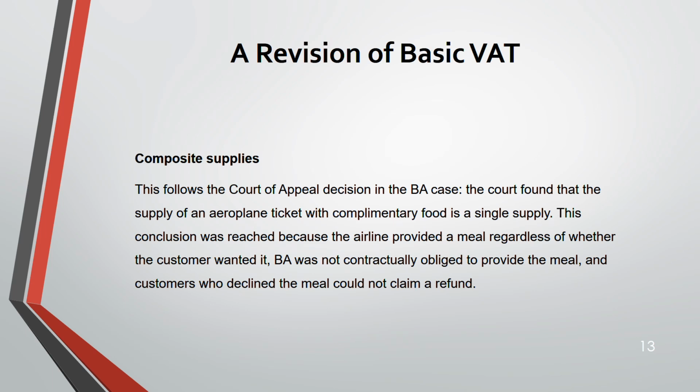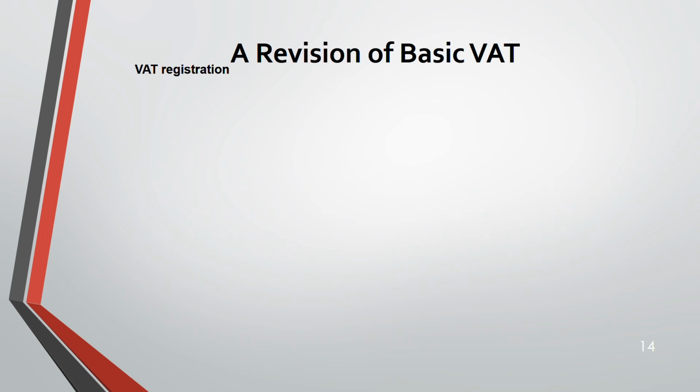British Airways are not contractually obliged to provide the meal, so customers could decline the meal. Customers who decline the meal could not claim a refund. You can't get a refund. Based on this, they are saying it is zero rated. It's a single supply.